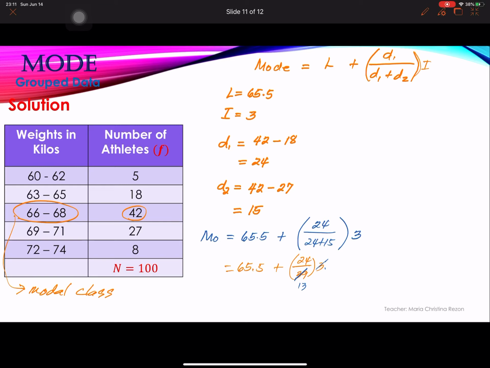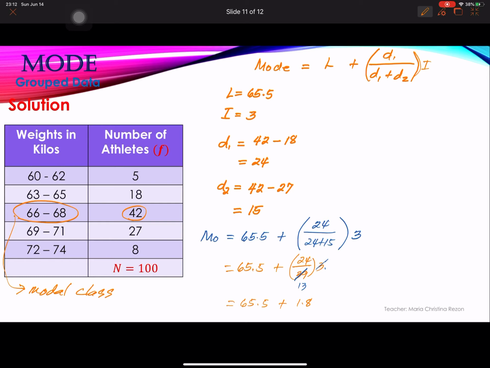So you will have 24 divided by 13, that is approximately 1.8. So your answer would be 65.5 plus 1.8 approximately.